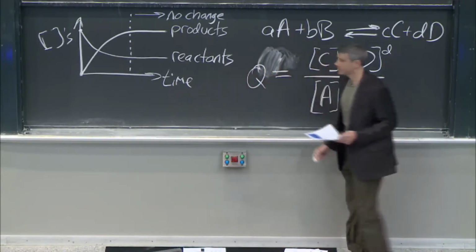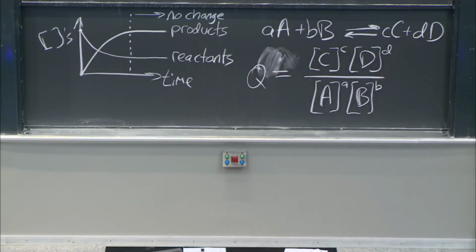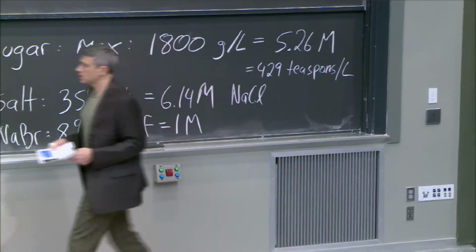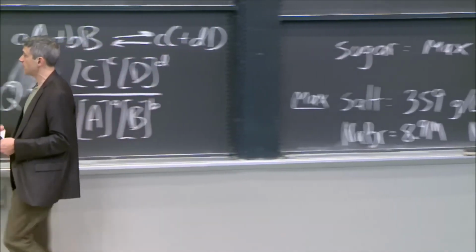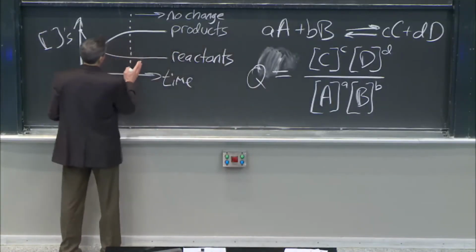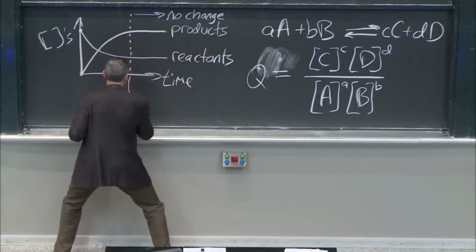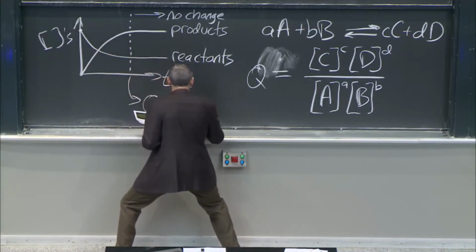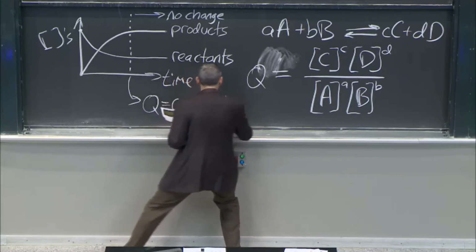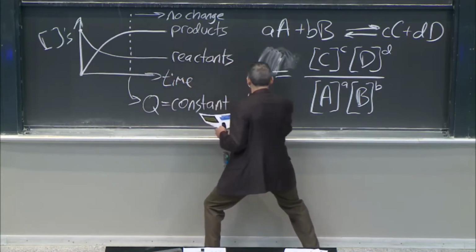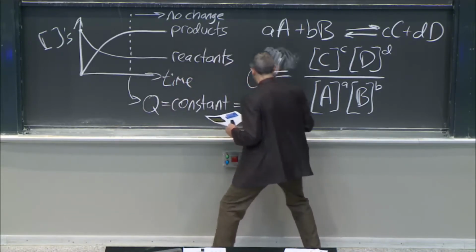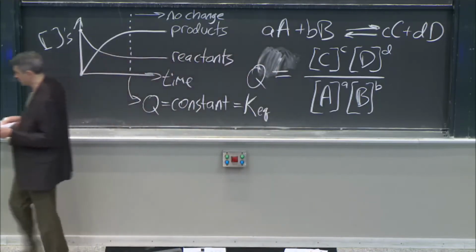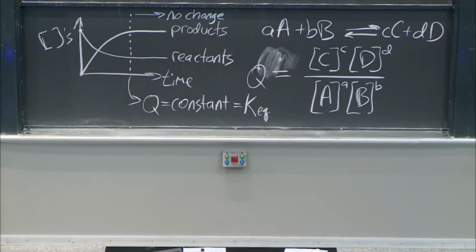The reaction quotient is related to the concentration. So if the concentrations don't change, even if reactions are still happening, it's a constant. So at this point, Q equals a constant. And that is an equilibrium constant. So we'll call it K_eq. K represents a dynamic equilibrium.